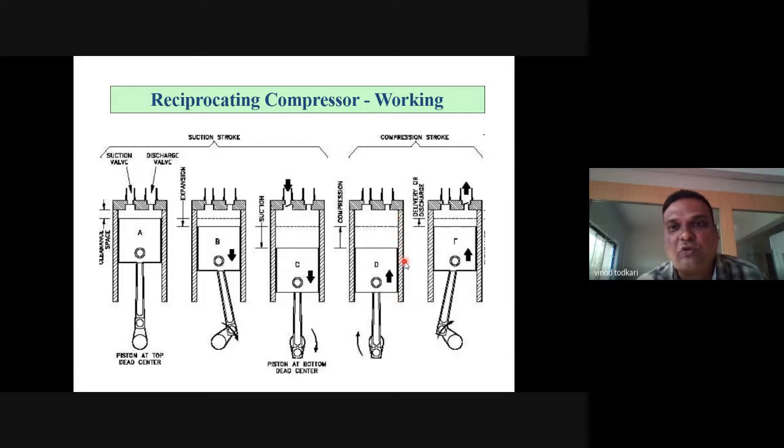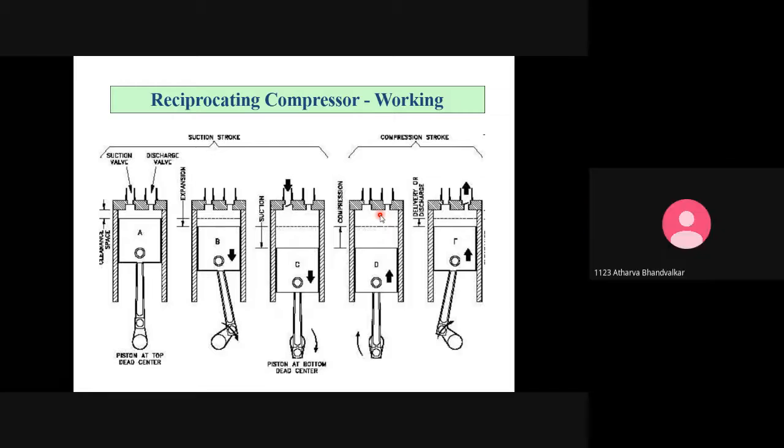So this is called the compression stroke. In the compression stroke, the piston moves from BDC to TDC. The volume of air is decreased and its pressure is increased. Tell me very honestly, is this concept clear to all of you? Yes, sir.